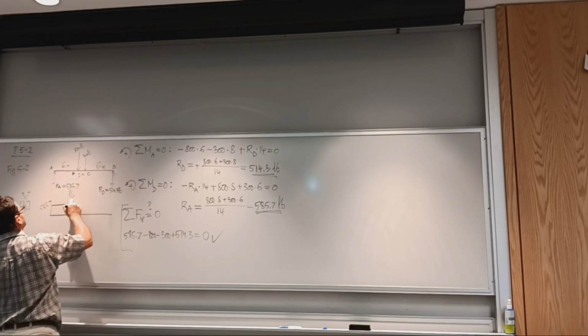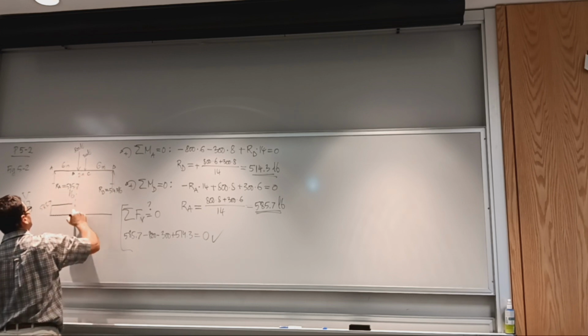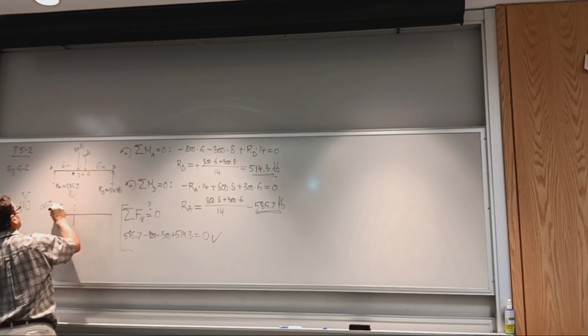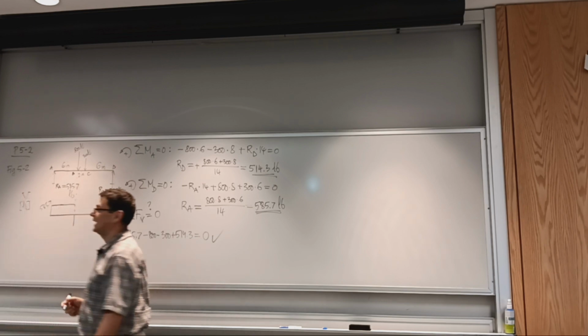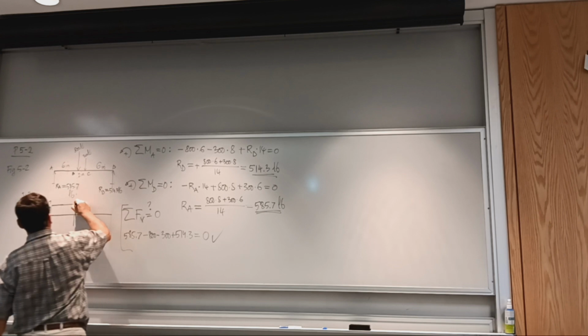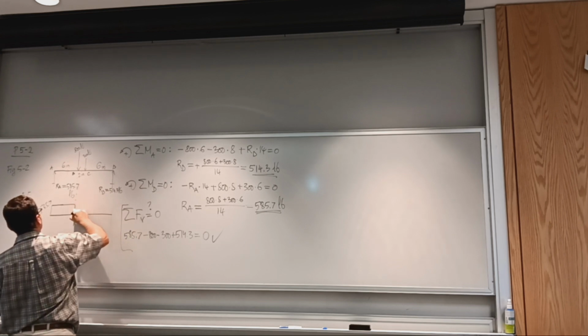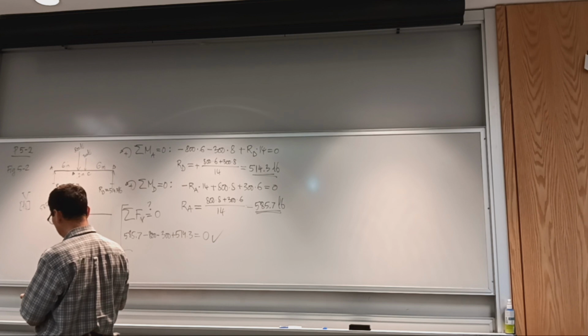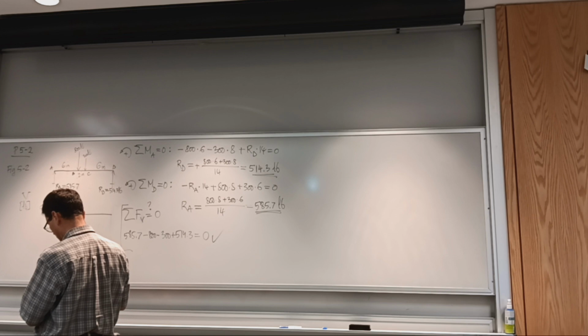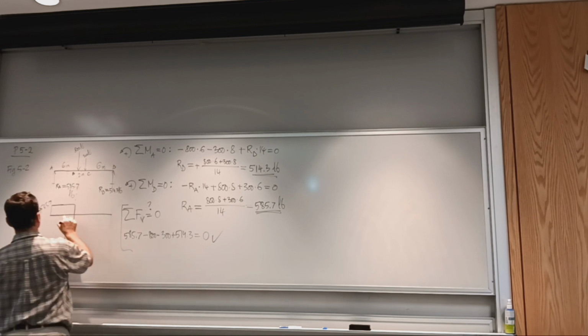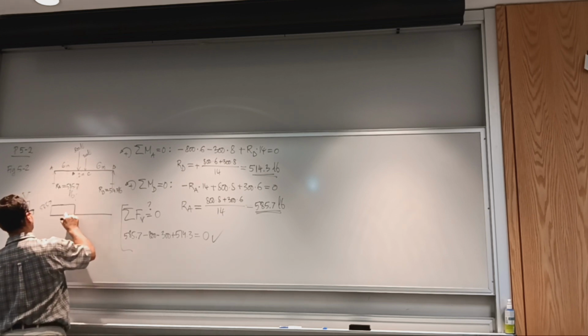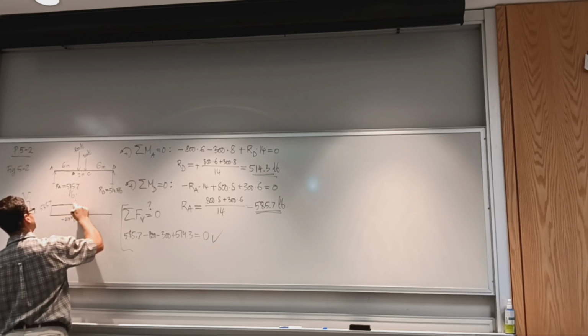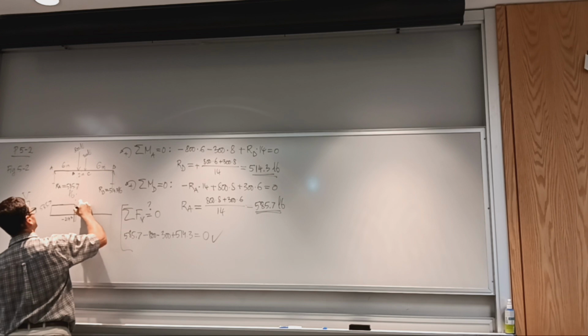So it stays constant. And then where this force occurs at point B, I have a drop by 800. So I have positive 585.7 and negative 800. This is going to be negative 214.3. This whole drop is 800.